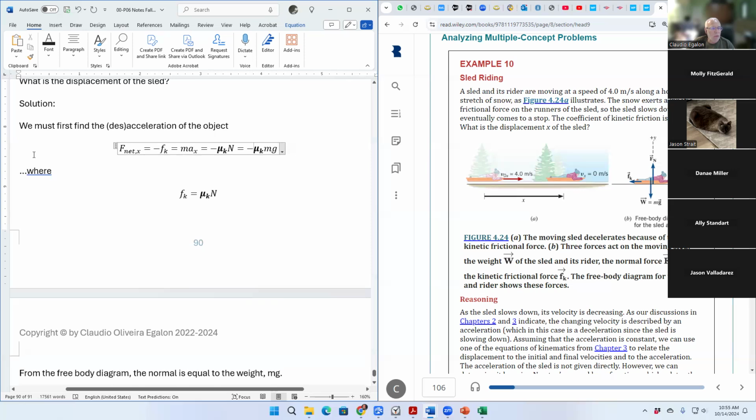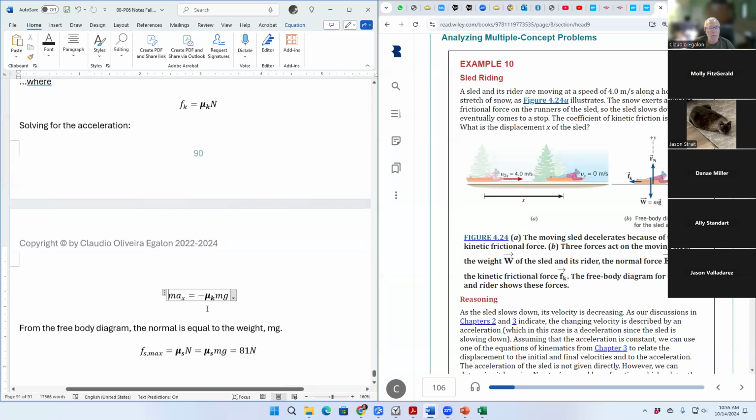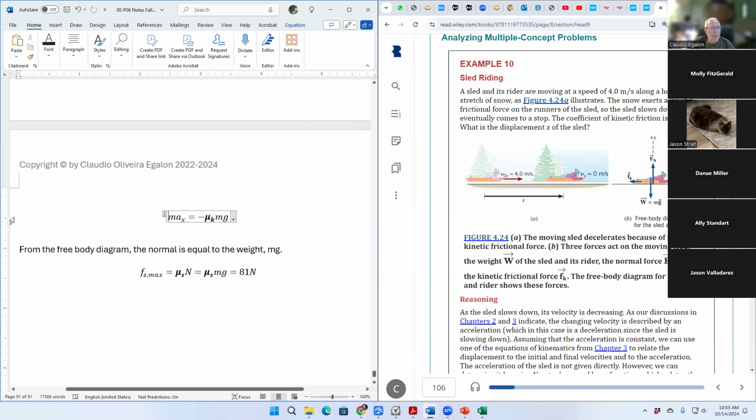Okay, and now we solve that for the acceleration. Solving for the acceleration, we have something like that. Look what happens.